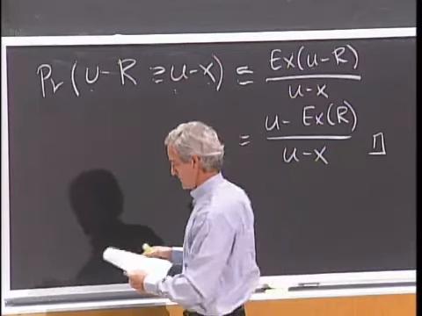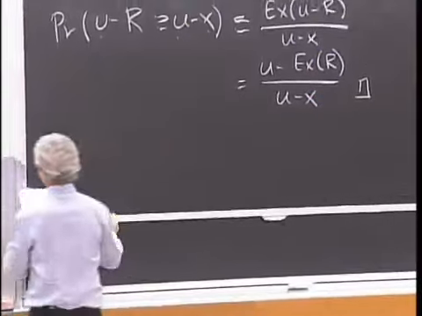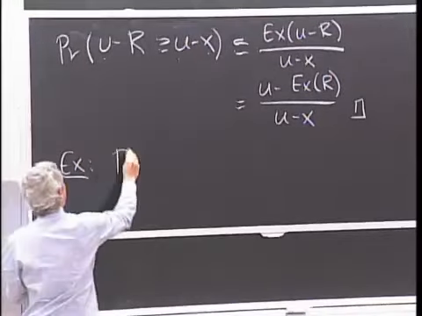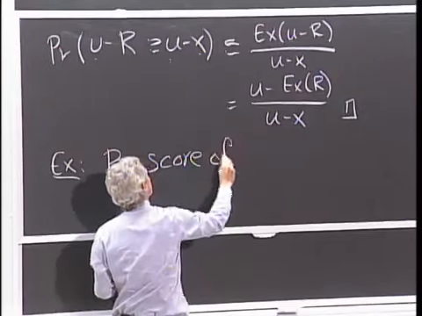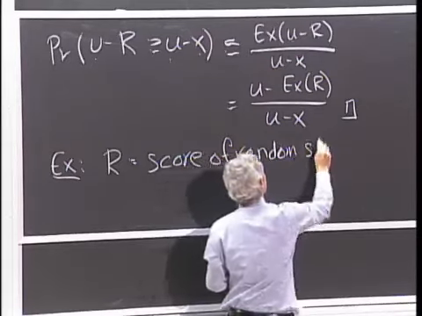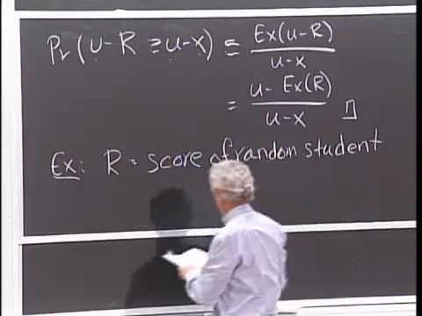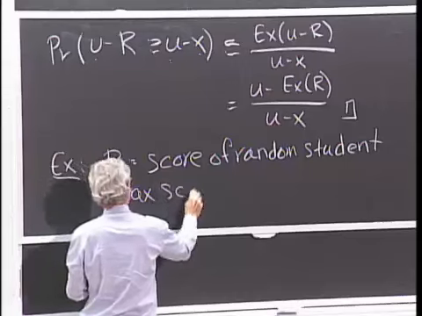All right, let's do an example. Say I'm looking at test scores, and I'll let R be the score of a random student, uniformly selected. And say that the max score is 100.